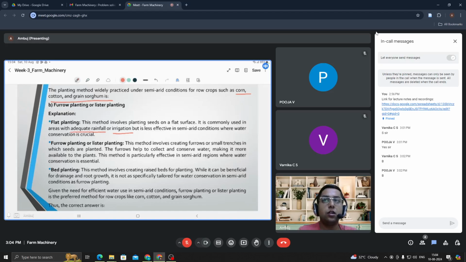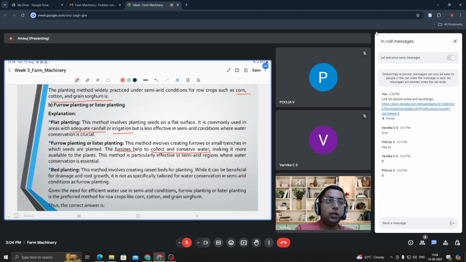Another option was furrow planting or lister planting. This method involves creating furrows or small trenches in which seeds are planted. These furrows help to collect and conserve water. This is important. Furrows help us collect and conserve the water, making it available to the plants. This method is effective in semi-arid regions where water conservation is essential, as we have already seen from the question.